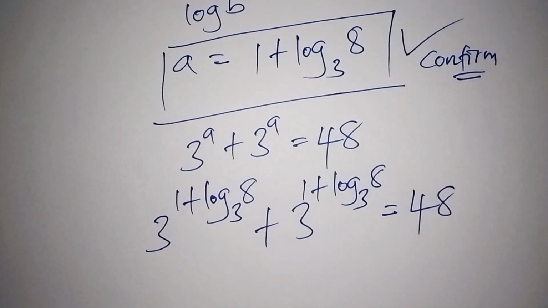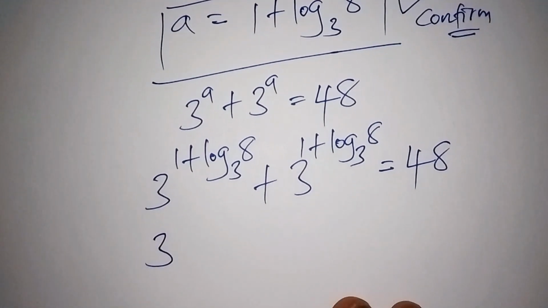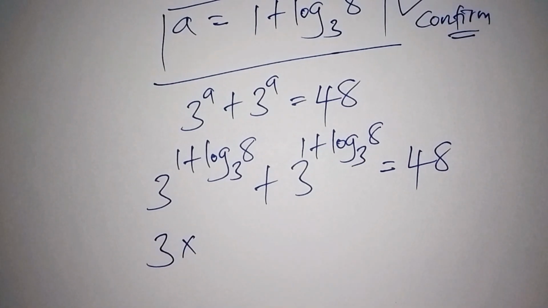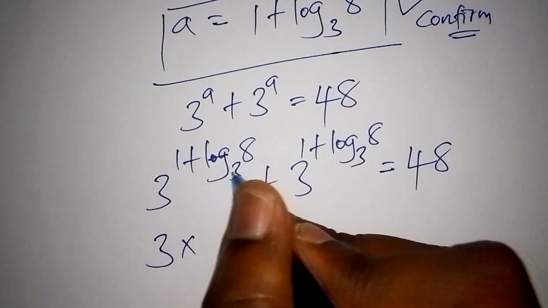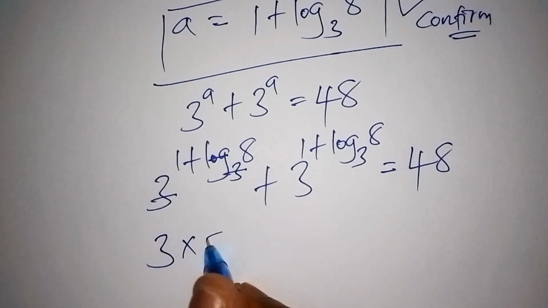In this case, 3 to the power of 1 is 3. Then our plus shall change to multiplication according to the law of logarithms. So the log to the base of 3 shall cancel this 3. So now we shall have 3 multiplied by 8.